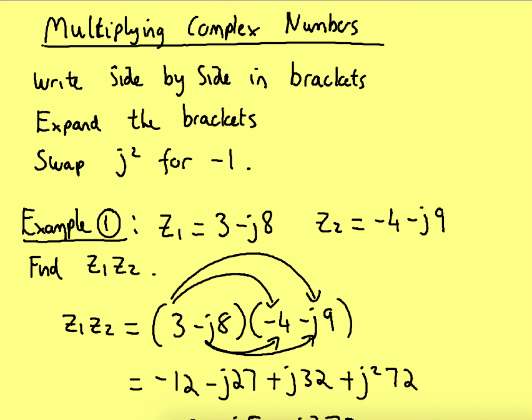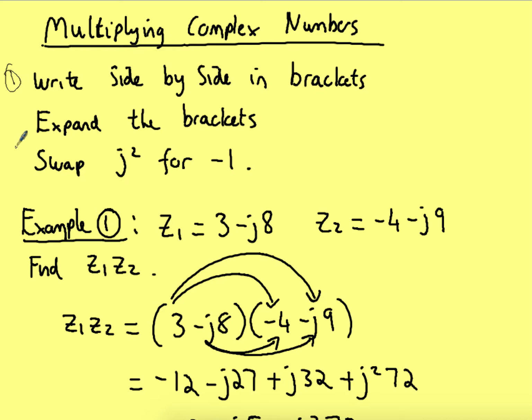Alright, next stuff is multiplying complex numbers. Now this is just multiplying out brackets with a wee twist at the end. So I've got 2 complex numbers here. The first step is we write our numbers side by side in brackets.